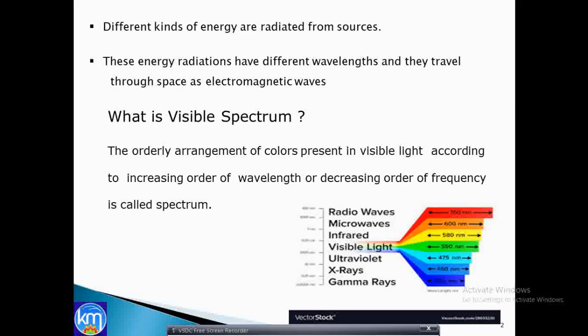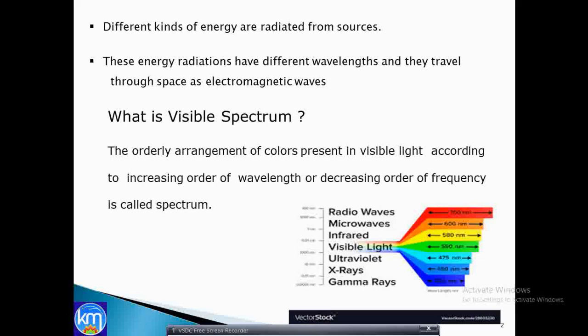Whenever we have a smaller wavelength, we have a greater frequency. Since radio waves are the last member in the order of frequency, radio waves have very low frequency. So it is in the decreasing order of frequency. This diagram especially shows you the members of the electromagnetic spectrum.